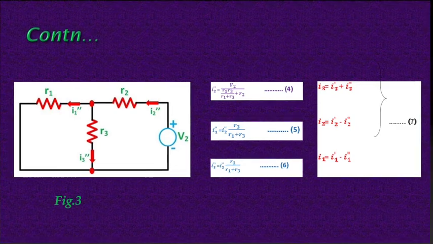The direction of the current should be taken care of while finding the currents in the various branches. Whether it is addition or subtraction depends on the relative directions of the individual currents.